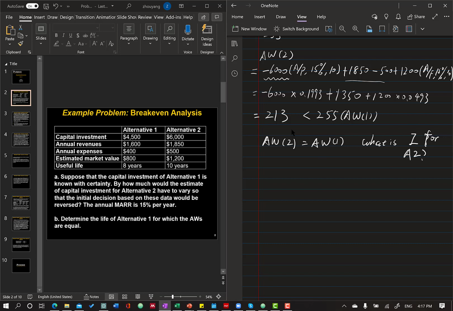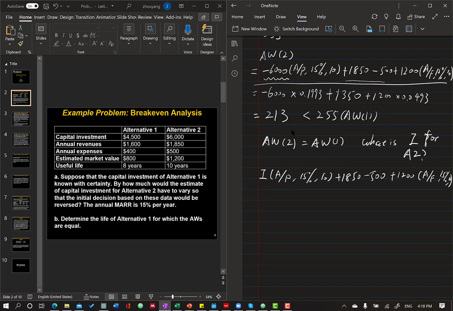So we're still going to borrow the formulation above for alternative 2. We still have this formulation, but instead of using the minus 6,000, we're going to assume we have some unknown capital investment for alternative 2, and then A given P, 15%, 10 years, plus 1850 minus 500, and plus that market value converted back to the annual worth, at 15%, 10.